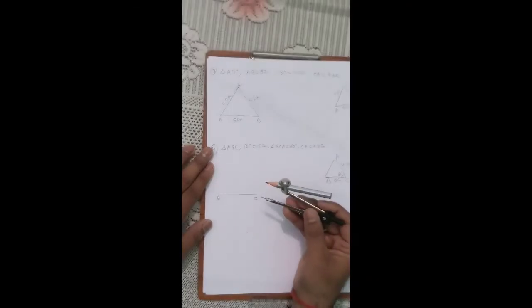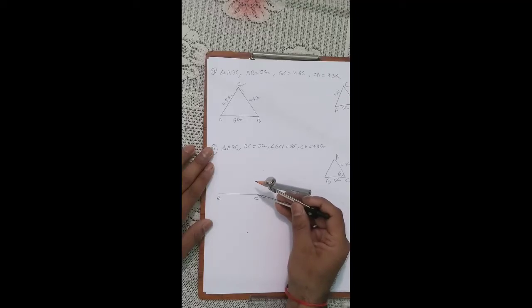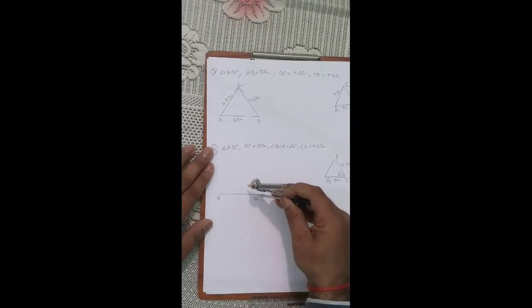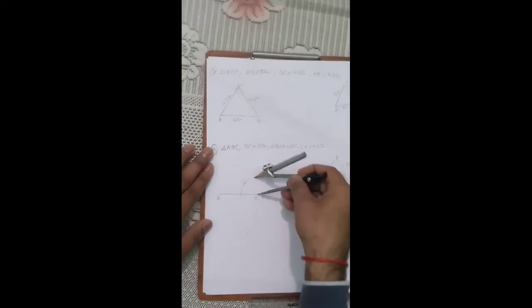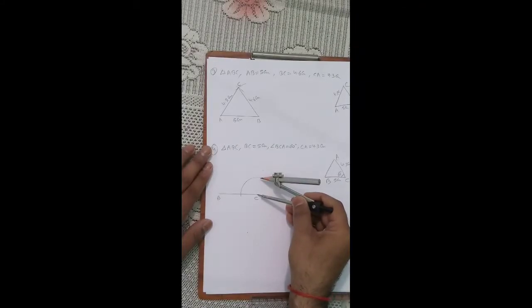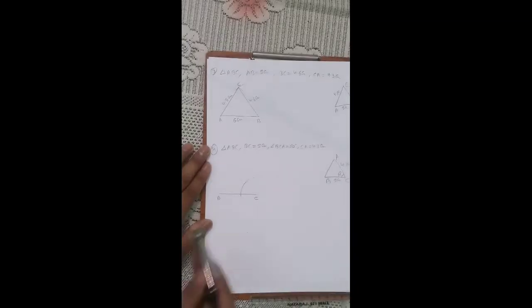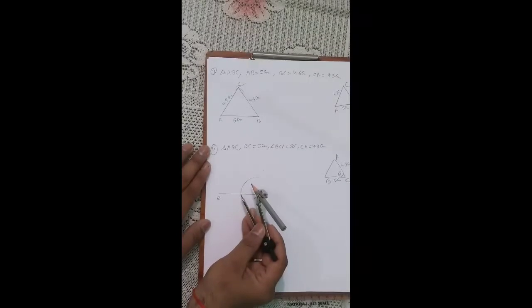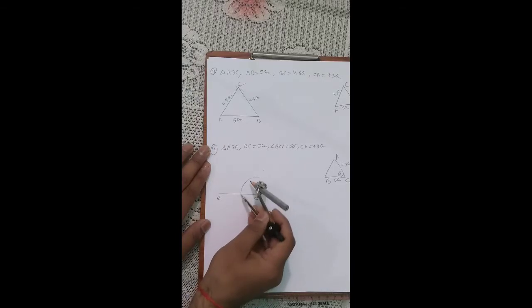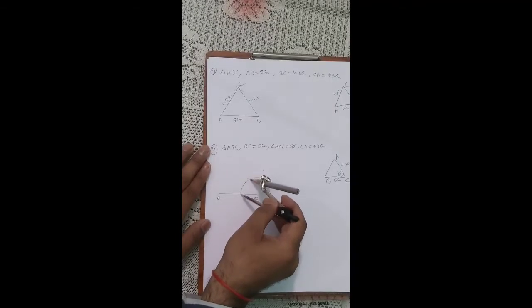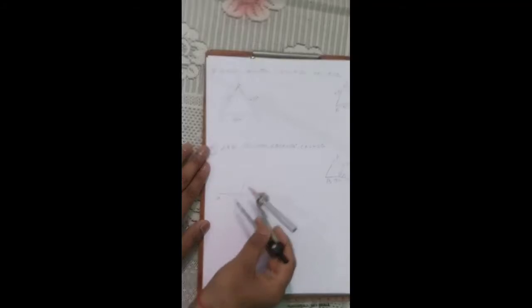For that we will take our compass. We will take C as a center and make one arc of any radius. Yes children, any radius you can take. Then after this arc intersects BC at a point, we will take this point as a center and make one arc which will intersect the previous arc.